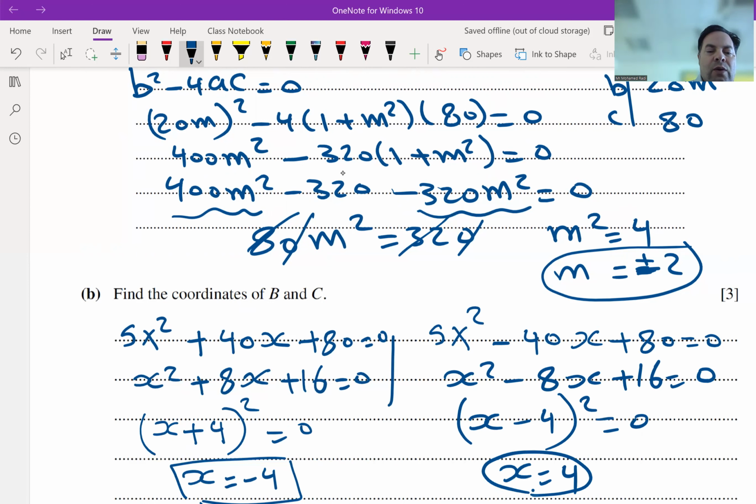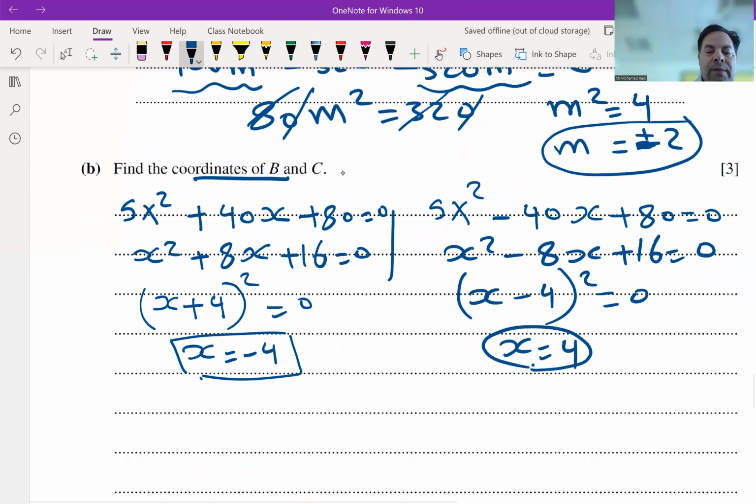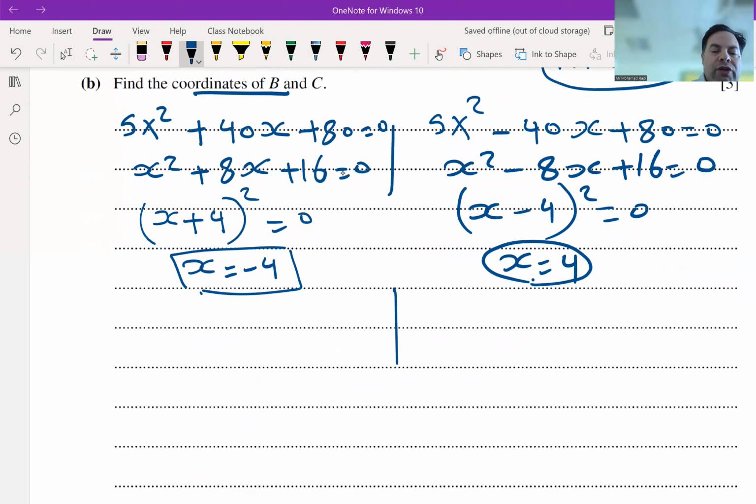It asked to get the coordinates. After finding the values of x, you have to find the values of y. From which equation? From any, it's correct. If we go to the straight line, y equals mx plus 10. So y is equal to m, the corresponding value for this is positive 2, multiplied by negative 4, plus 10.